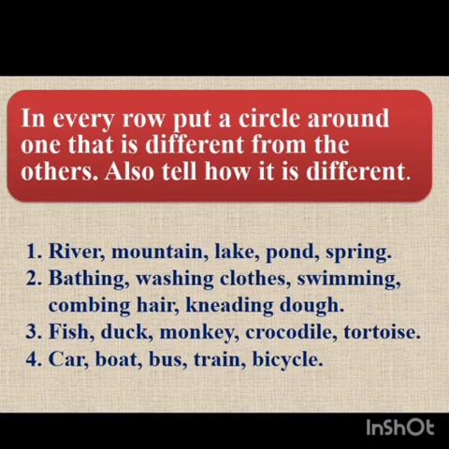Now come to the next part. In every row, put a circle around one that is different from the others. Also tell how it is different. So here you can see 4 rows, and in every row put a circle around one that is completely different from the others. So you have to find the odd one out.